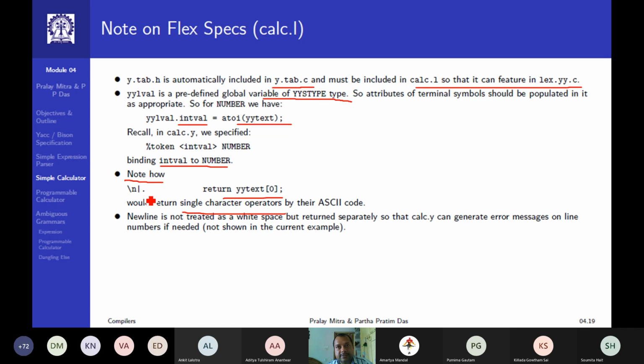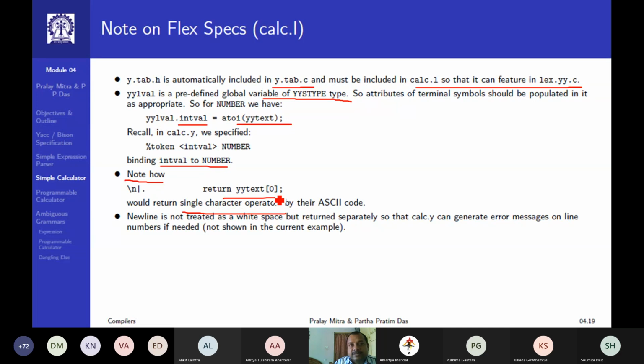So if you wish to report that you got some unwanted or illegal character which should not be part of your program, then you can also display that one. That's why dot is also returned using yytext[0]. It is not being consumed.